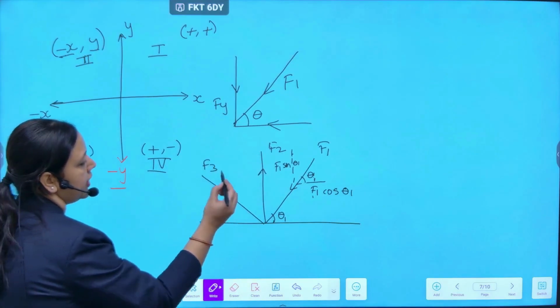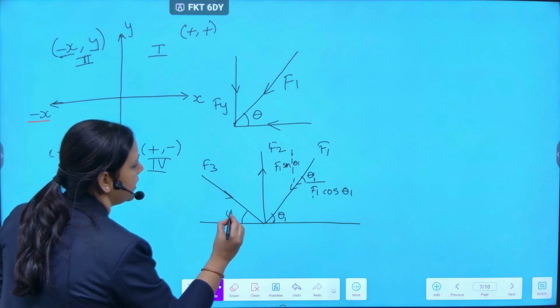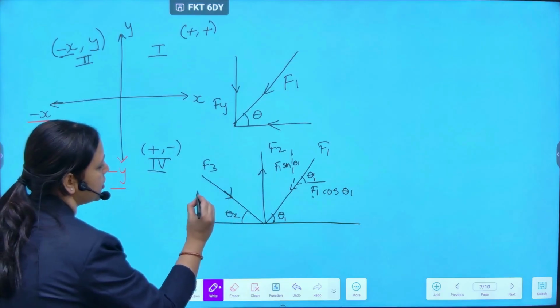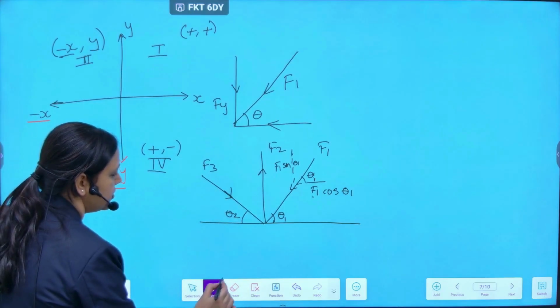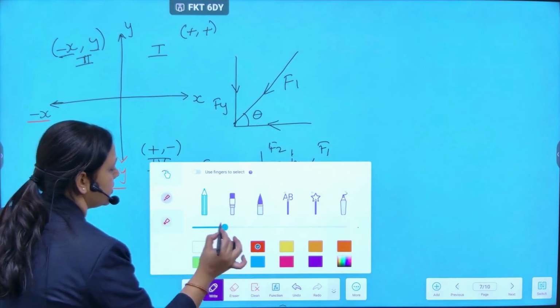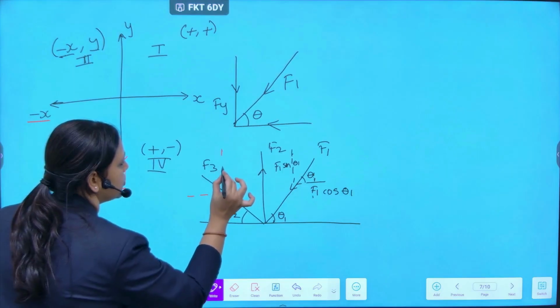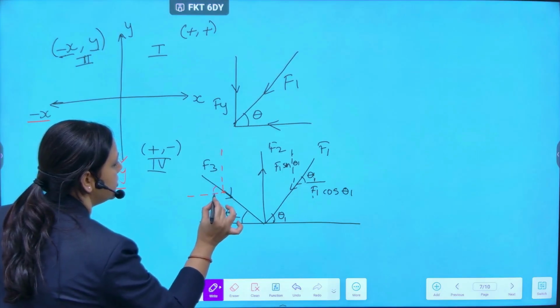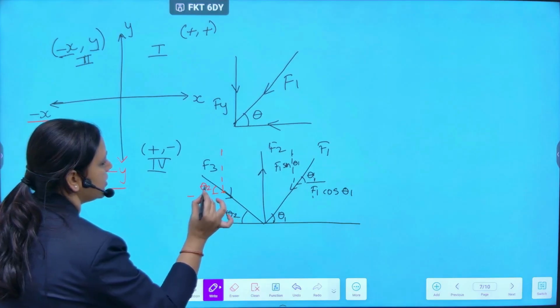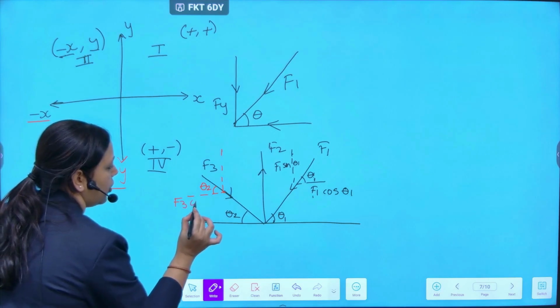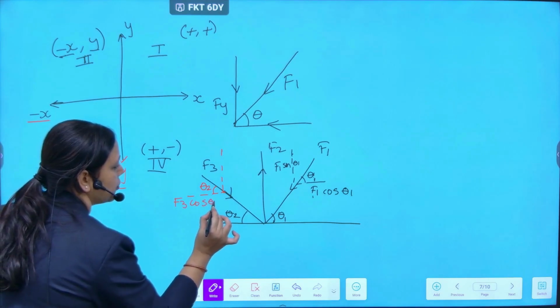Now coming to F3, F3 is making an angle theta 2. So F3 will be resolved into its respective forces, that is horizontal and vertical forces. I'll just show here how to resolve them into their horizontal and vertical forces with the angle theta 2. So here we have F3 cos theta 2.